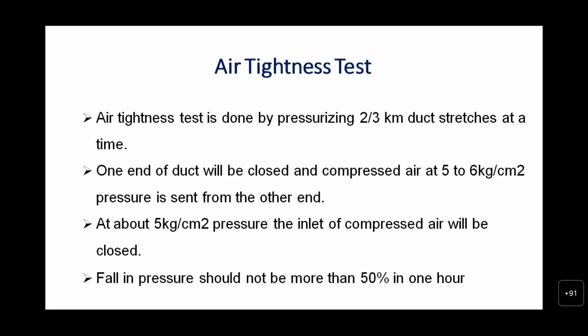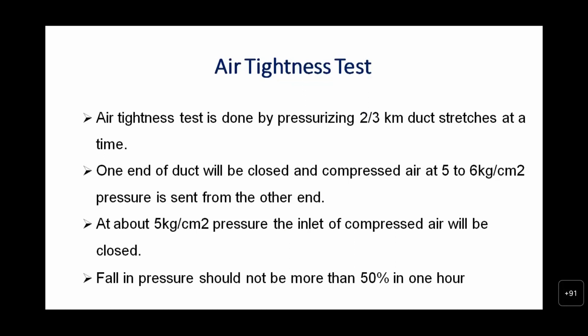The airtight test is done by pressurizing a 2 to 3 kilometer duct stretch at a time. One end of the duct will be closed and compressed air of 5 to 6 kg per centimeter square pressure is sent from the other end.